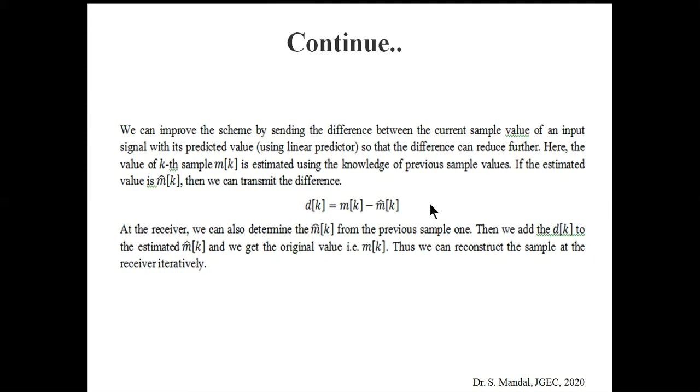So we need to use a predictor in the transmitter section to predict the value of mk from the previous values, and we also need another predictor in the receiver section. After adding the value of dk with m cap k, we can get the original value.